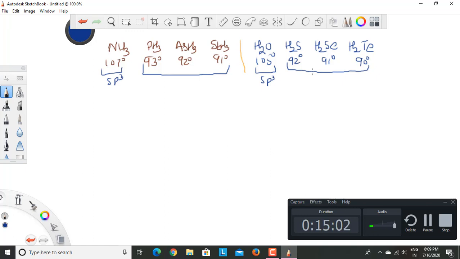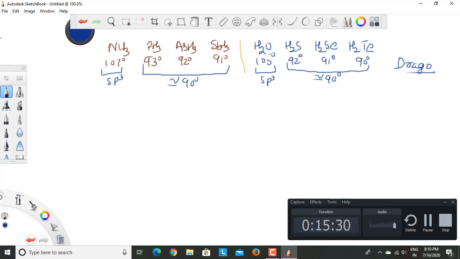This is explained by Drago. Drago has explained that in these cases the bond angle is close to 90. This is possible if and only if they have no hybridization. If they have hybridization, the bond angle cannot be close to 90 degrees.